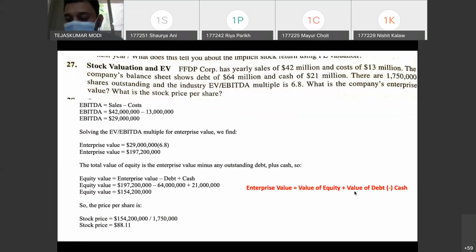So tell me, having the cash in your pocket, does it create value for you, beta? Not unless it is invested, right? So in a way, we are looking at the asset side, but from the liability angle. The enterprise value is value of equity plus value of debt minus cash, because this cash is not invested anywhere.